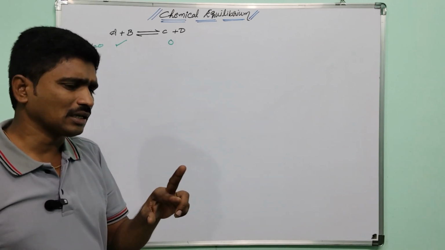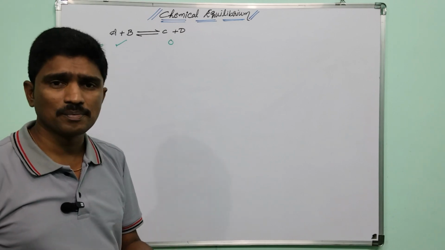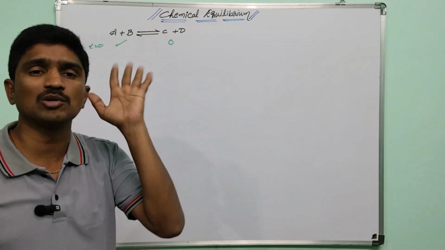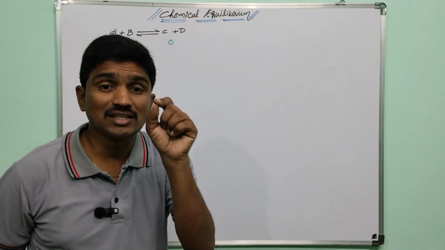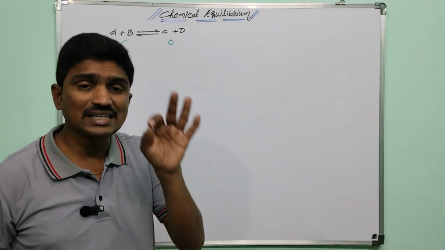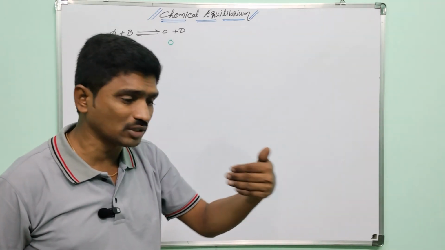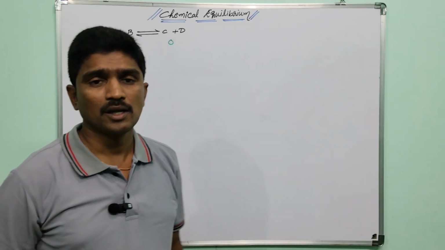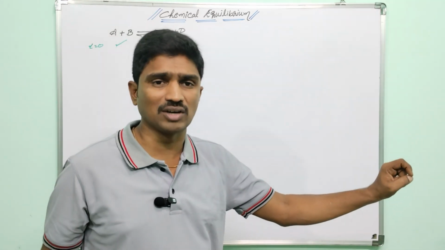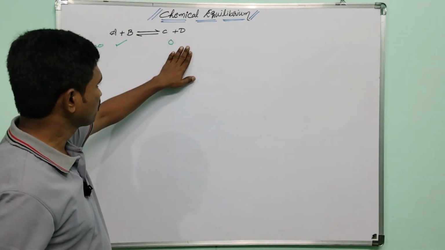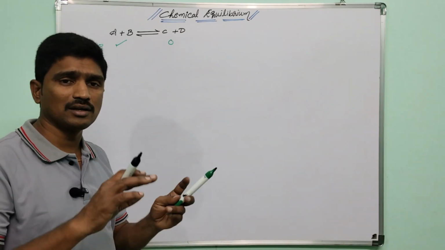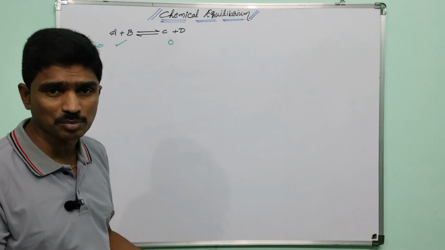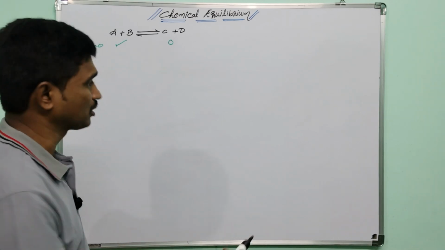And after a certain time, the speed of forward and the speed of backward are both equal. Then that state is called the equilibrium state. The state at which both the forward and backward reactions take place with the same speed is called the equilibrium state. So initially the forward reaction takes place fast. After some time the backward reaction starts, and later on both the forward and backward reactions take place with the same speed. Such a state is called the equilibrium state.